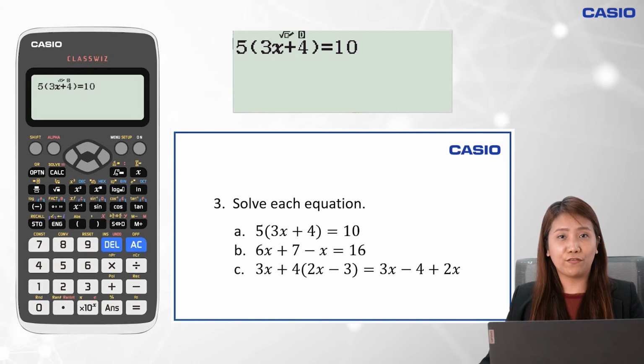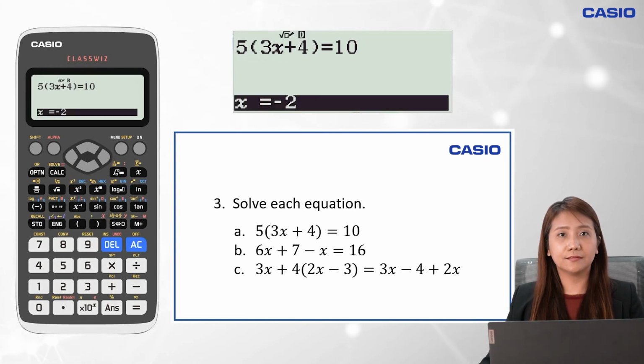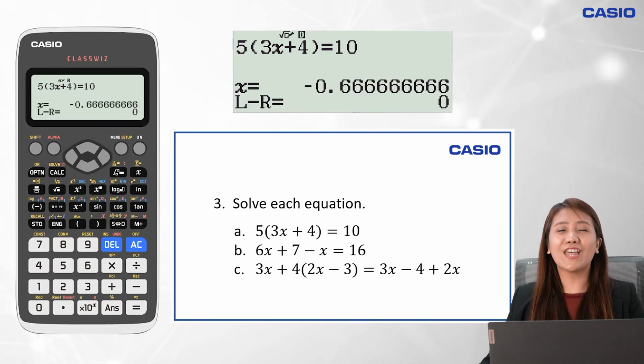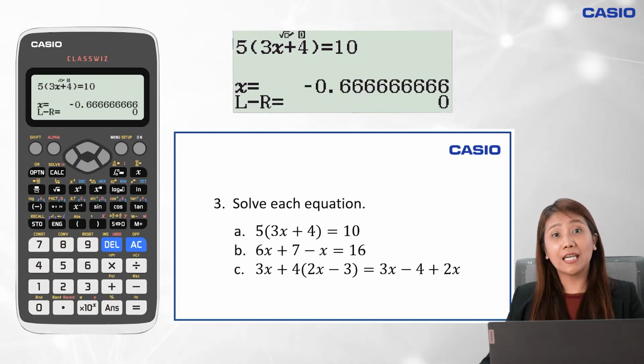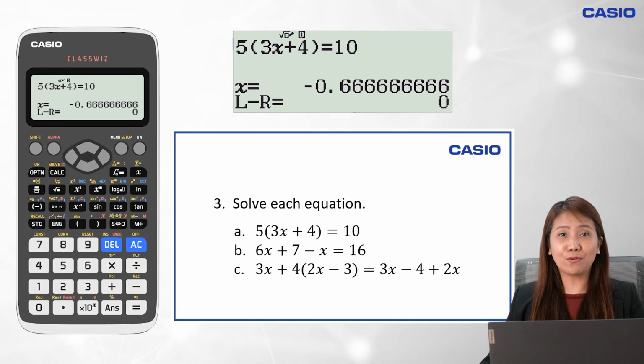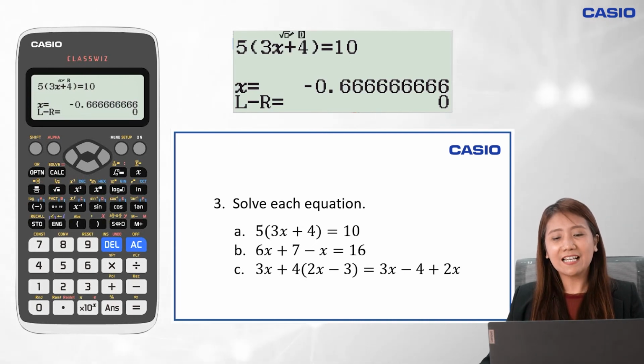We press shift calc, followed by the equal sign, and the answer is approximately negative 0.67. So that's the solution of the given equation.